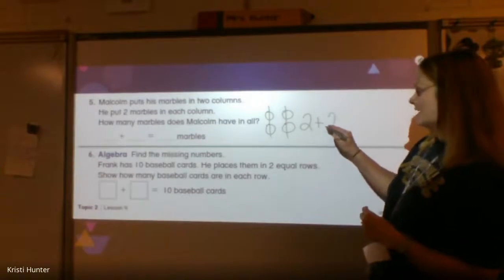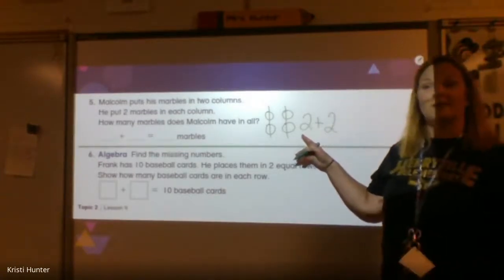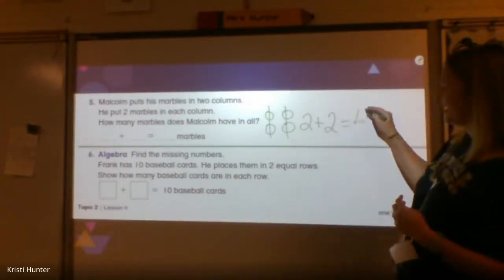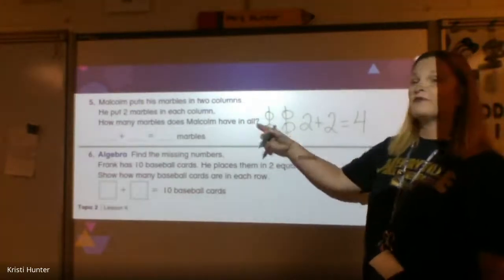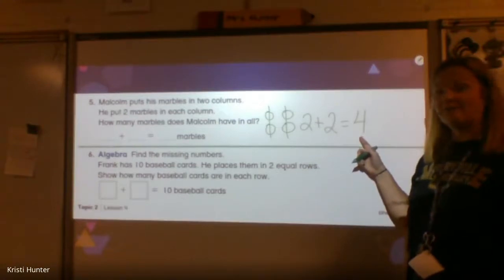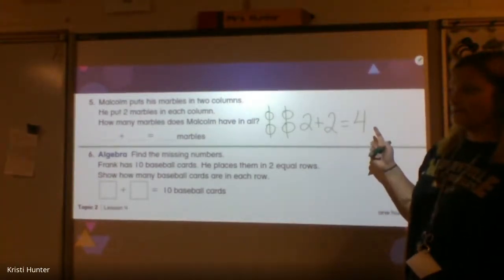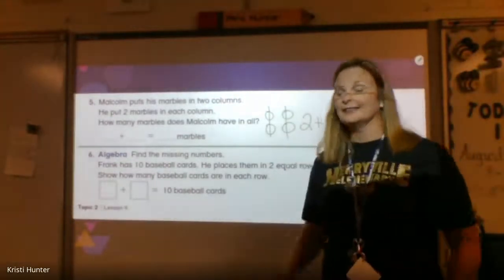So plus 2. And we should know this. What's 2 plus 2? 4. So I have drawn my array, I have written my equation, and I have my answer. There are 4 marbles in all. Okay? That one was a pretty easy array. It was a small one.